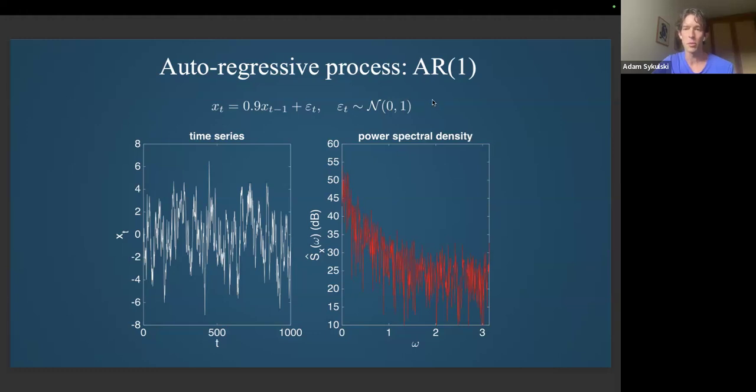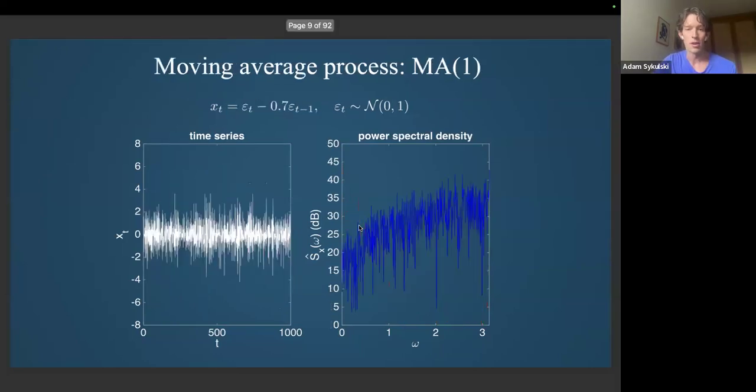And this is why in signal processing we often call this a red process, because it's shifted now towards the lower frequencies or the longer wavelengths, lower wave numbers, and that corresponds to the color red in the electromagnetic spectrum. Conversely, we might have a process which is more jittery than a white noise process.